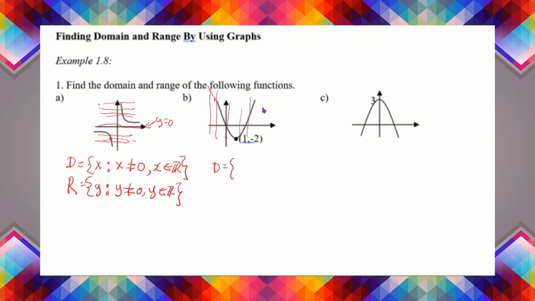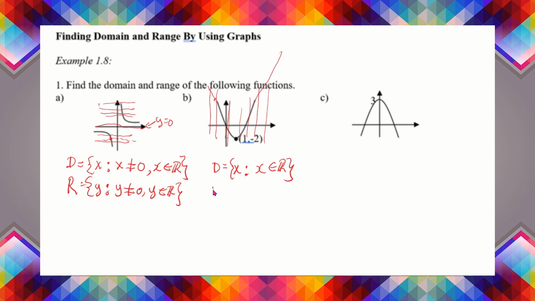All the straight lines will intersect with the curve because the curve is continuous like that. So all values of x will intersect with this curve, and we don't have any value of x that does not intersect with the curve. So for this example, the domain is all values of x.